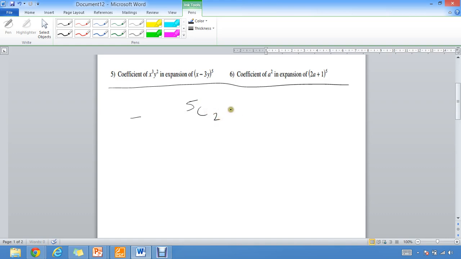Alright, so I need my 2a squared. Now because it's an a squared, I don't have to go any further. So 5C2 is 10 times 2a squared. Put a bracket around that, sorry, the bracket should go there.